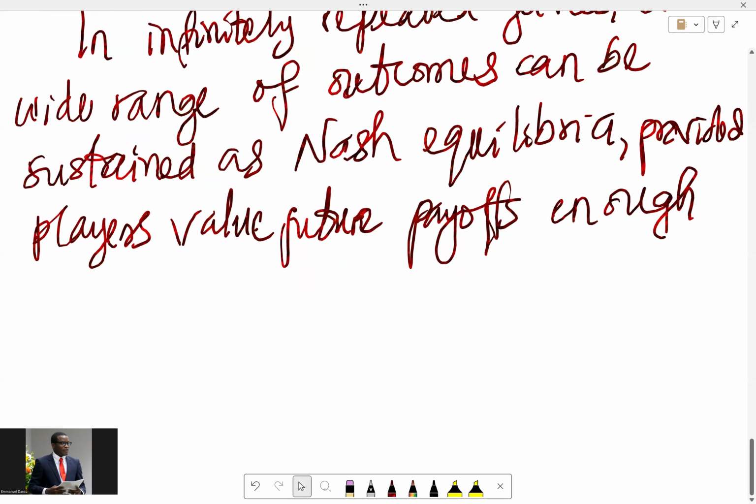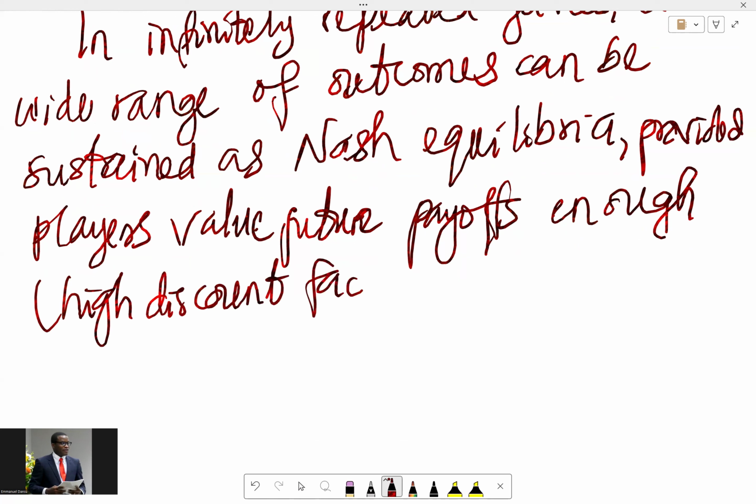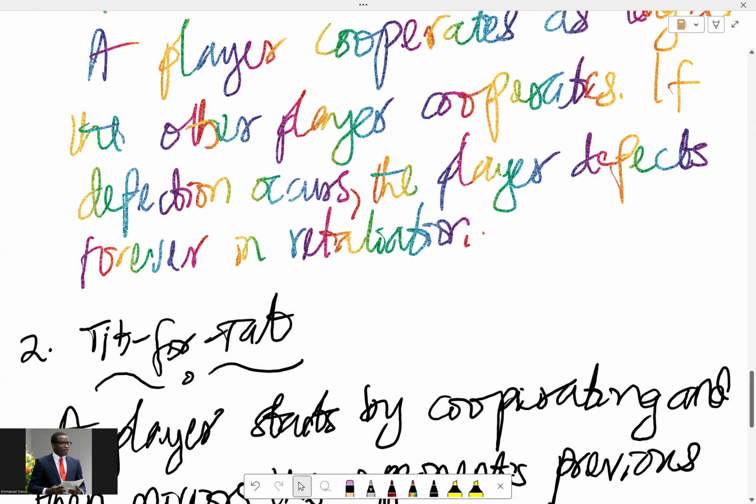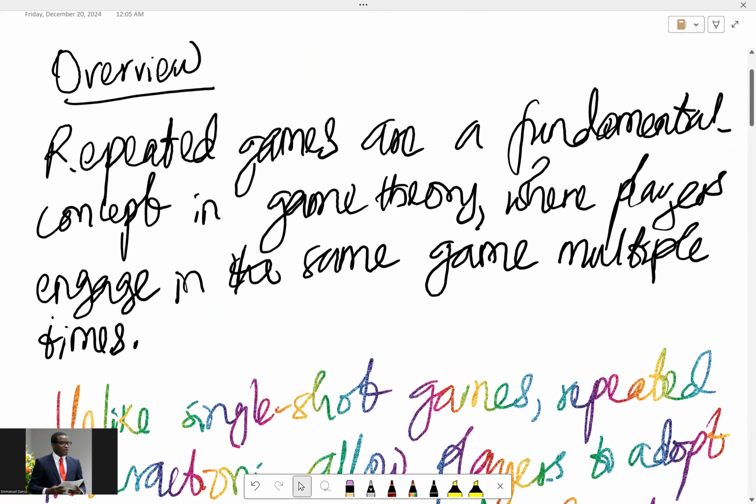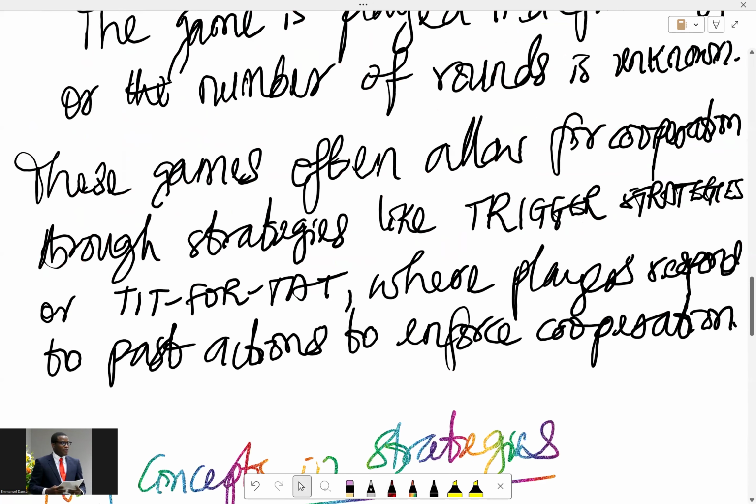In that case, we'll be talking about a high discount factor. So there's a high discount factor if players value future payoffs enough. Those are the aspects of repeated games and strategies we need to know.